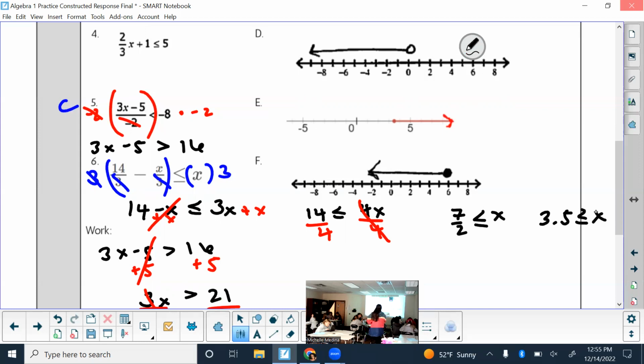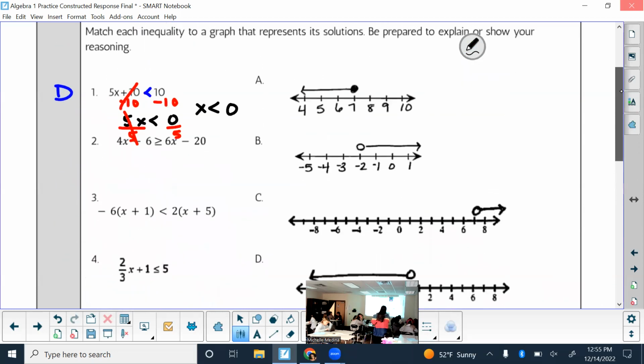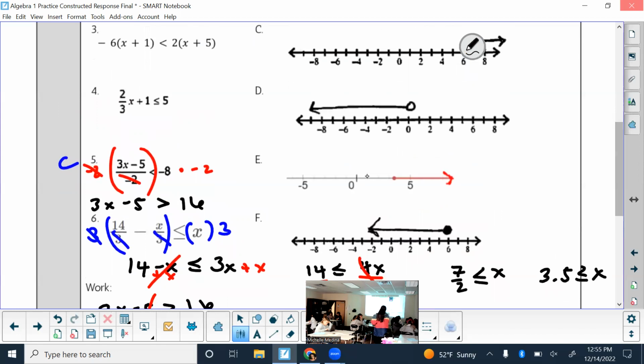And which one does that best match? F is on the 6, so not that one. E. Best matches E. That's number 6. All right, any others from the packet? No.